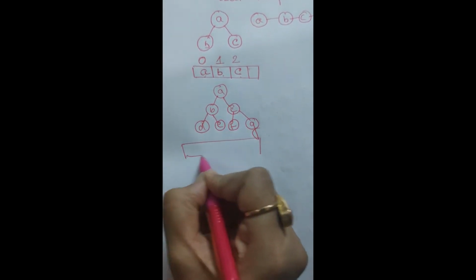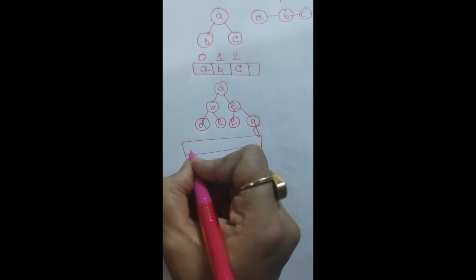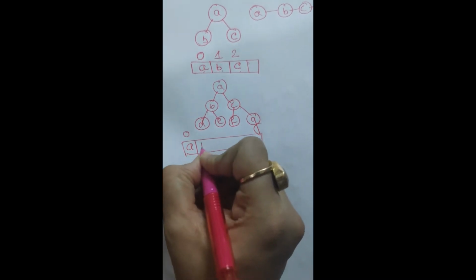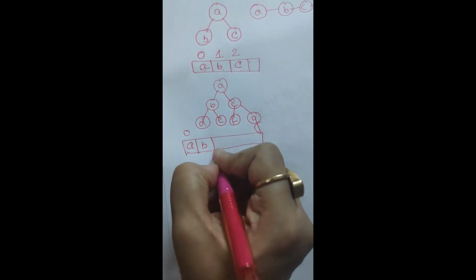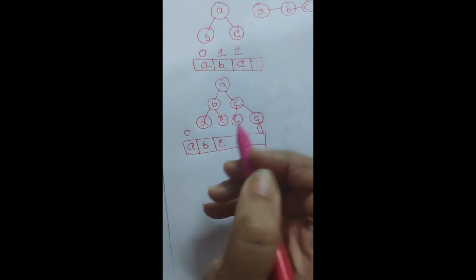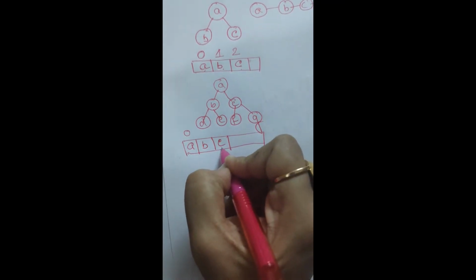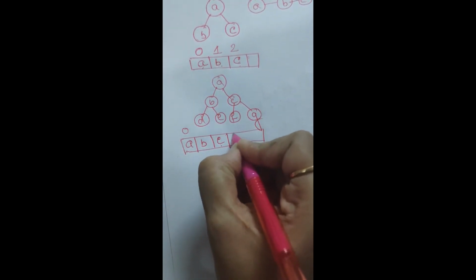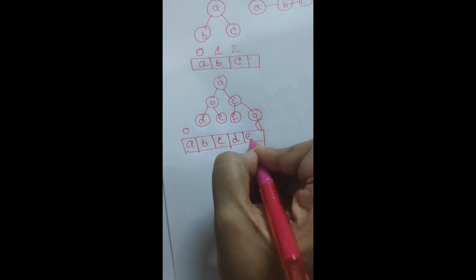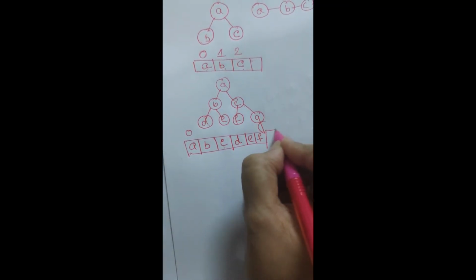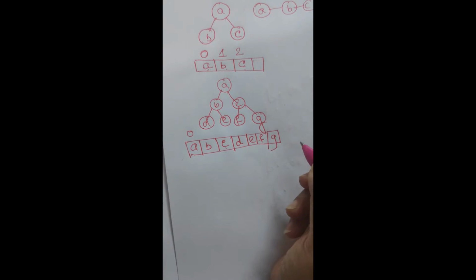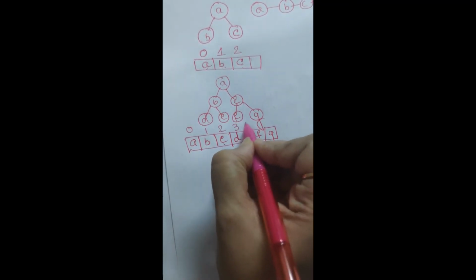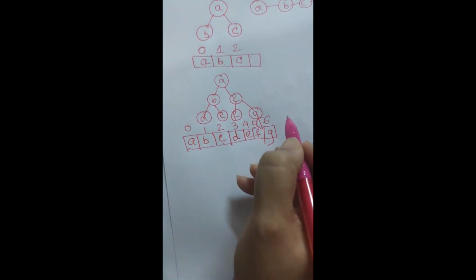Again, the first index, that is the 0th index, will have the root node, then comes the left child, then comes the right child. Now after that we start with the left child of B, that is we store D, then we store E, then we store F, and then we store G. Correct? So these are the index numbers of the array.